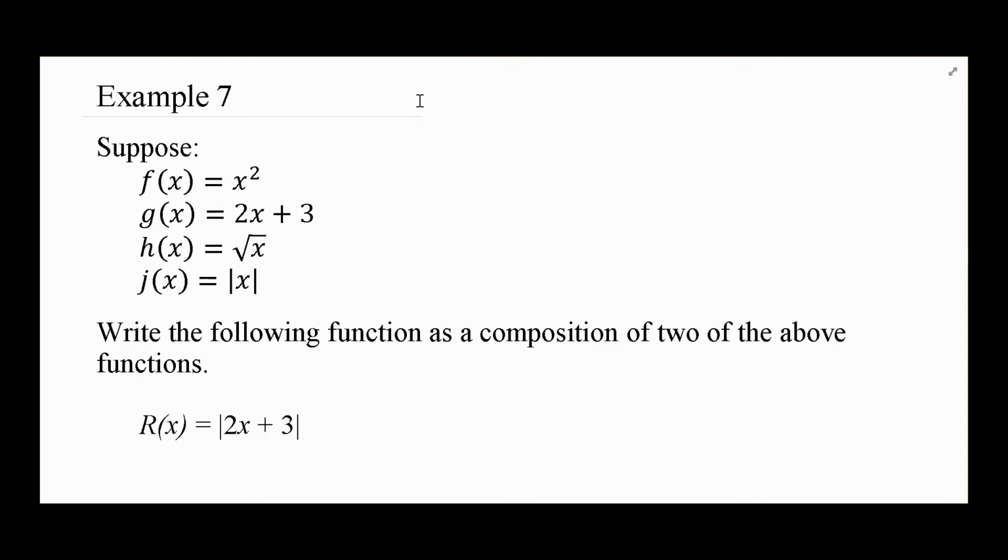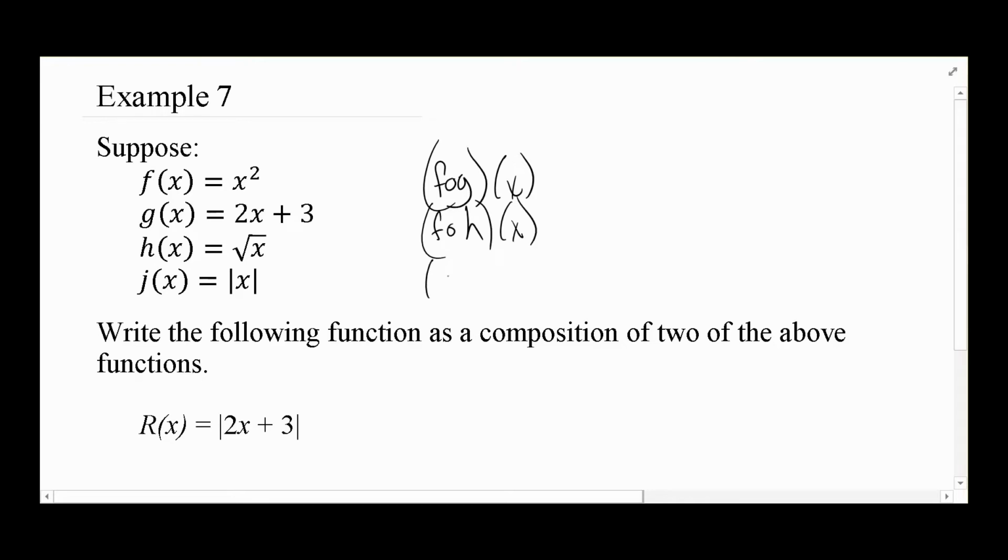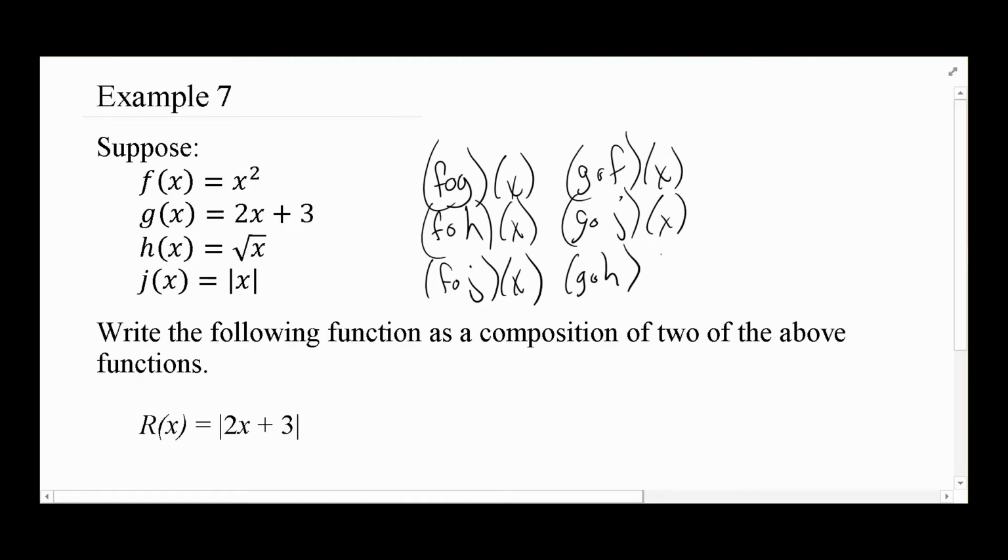Then I know my answer is either going to be f of g, or maybe f of h, or maybe f of j, but maybe it could also be g of f, or g of j, or g of h. We've got a whole bunch of possibilities. There's 12 possibilities to be exact. So there's a lot of multiple choice options here.